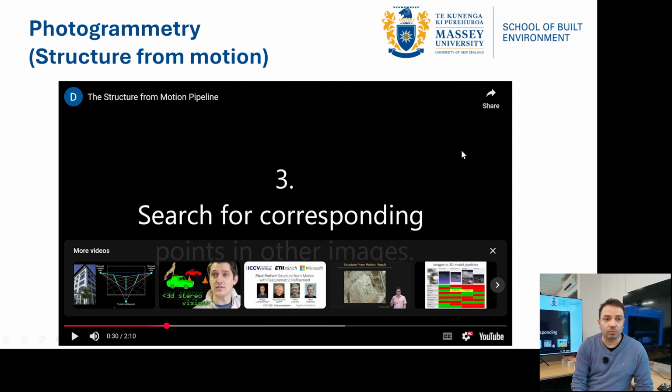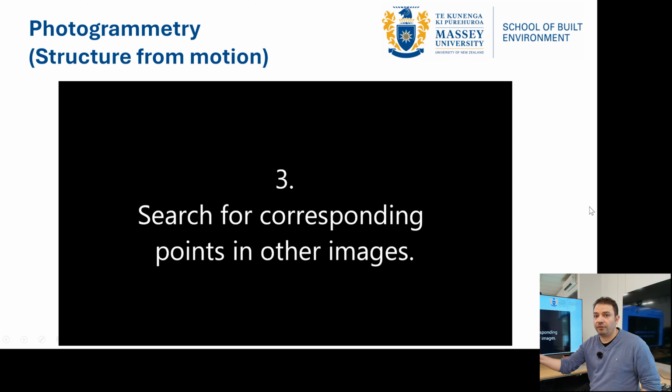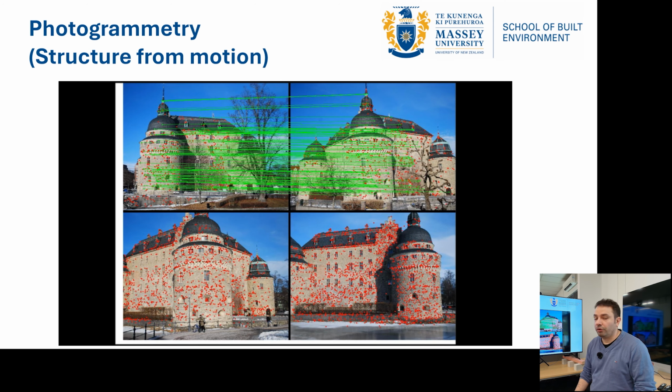And then if you manage to extract these features from all the images, then you can start pairing them and say this feature in this picture is the same in this other picture. And this is what the algorithm automatically does.